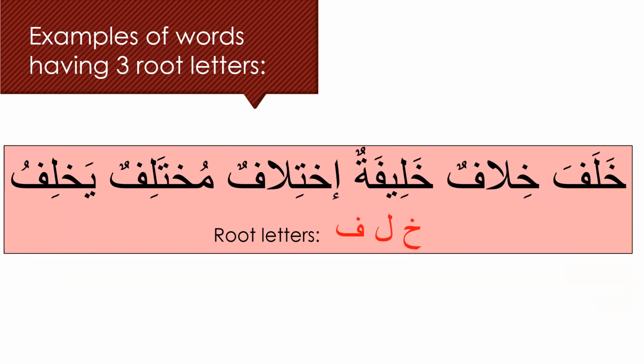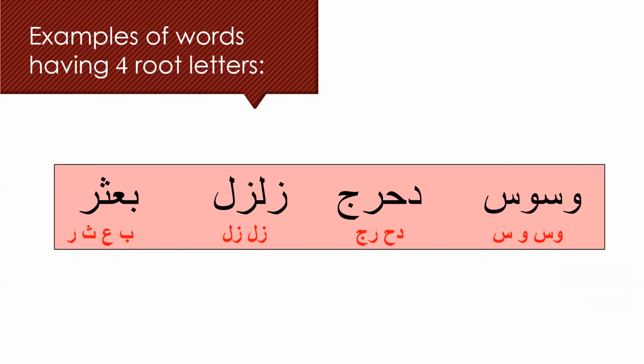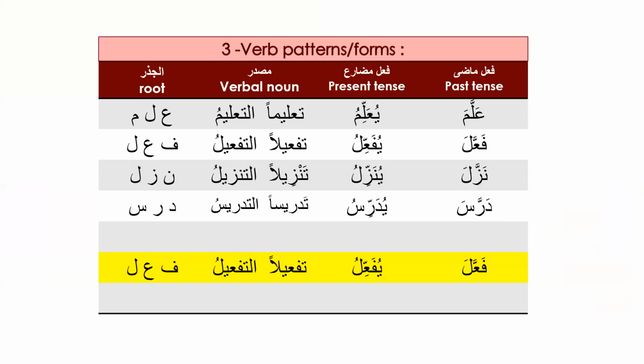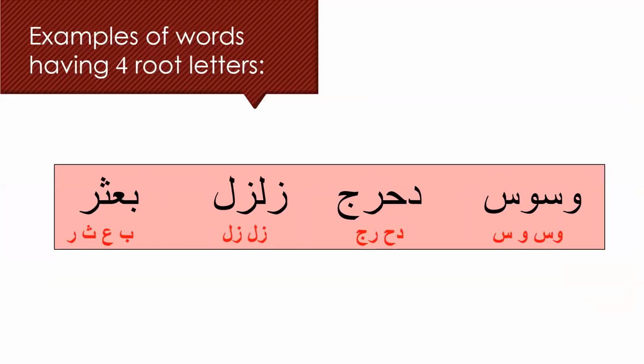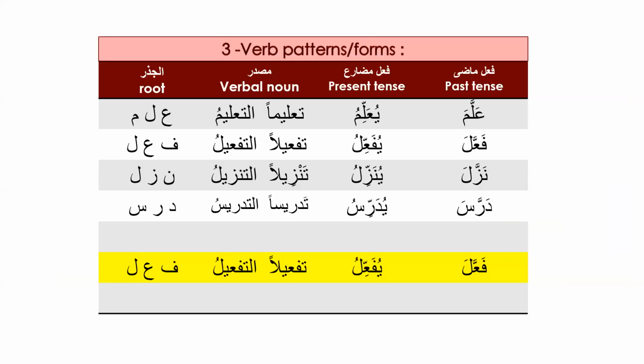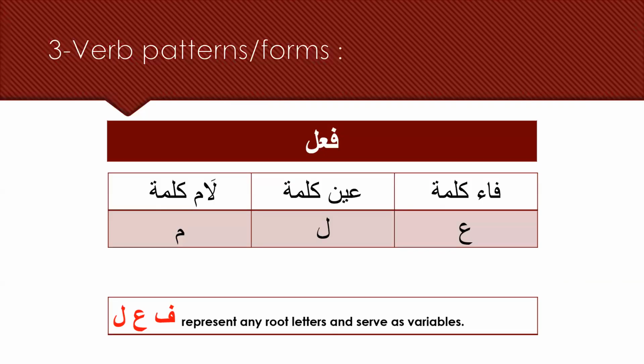And then we had the examples for the four root letters and the five root letters, and inshallah, after reviewing and after learning about the three root letters, we'll have a little explanation for the four root lettered words and so on. Then we learned about how word patterns are formed.